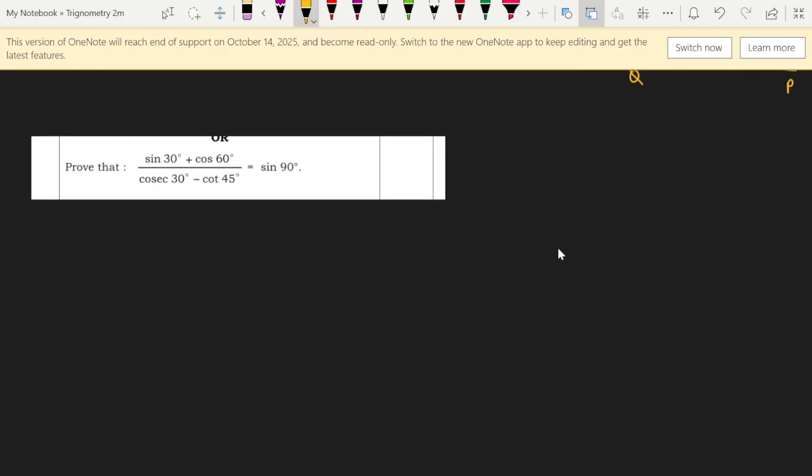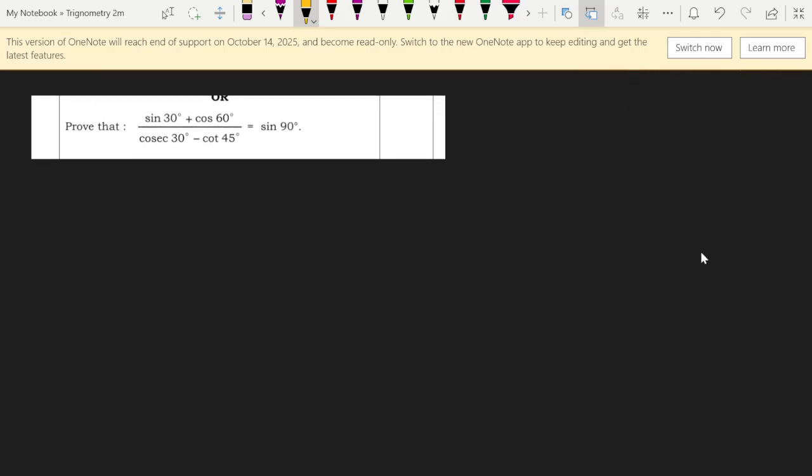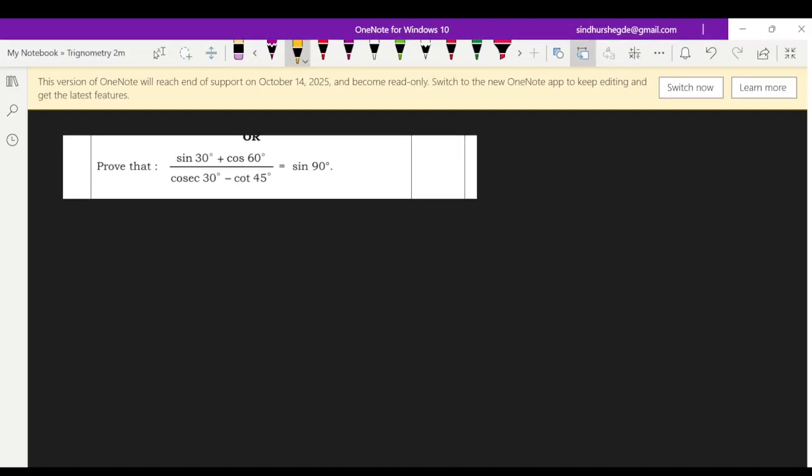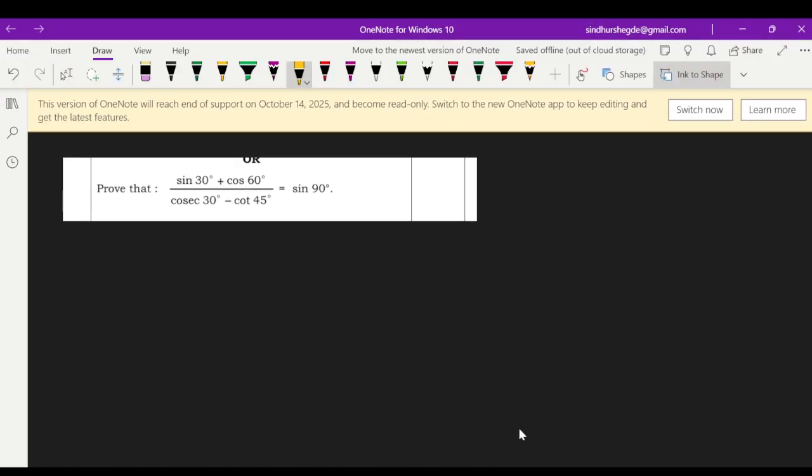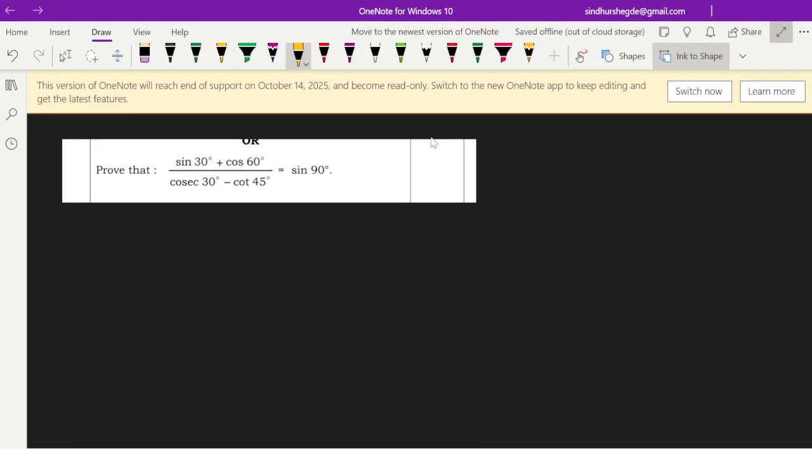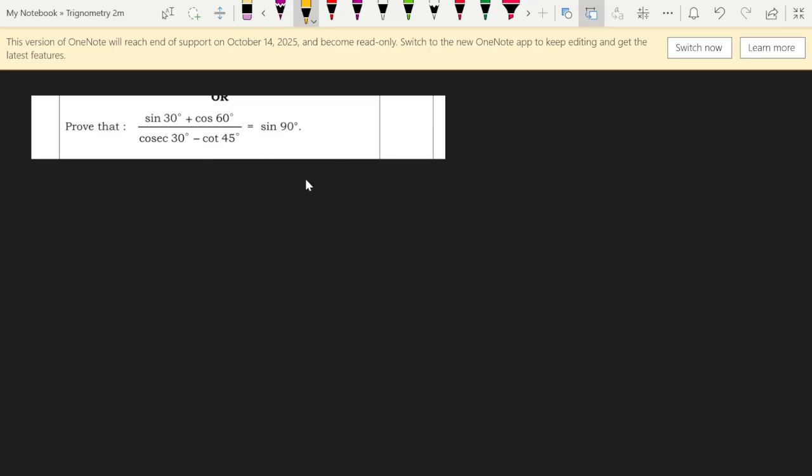Now let's move on to the trigonometric angles. It is so much to memorize all the standard values, so in your own way you can memorize that. Simply substitute it, take LHS, substitute all the values. Sin 30 is 1 by 2 and cos 60 is 1 by 2 only.